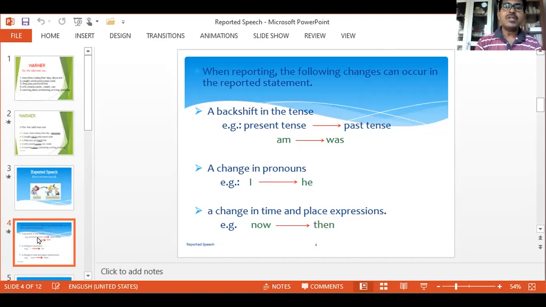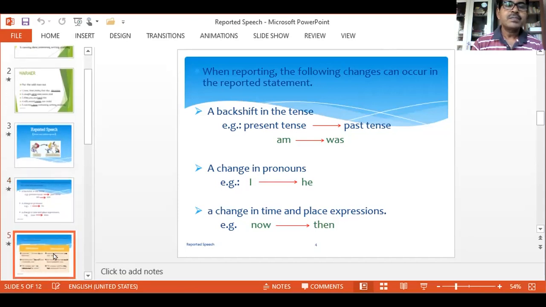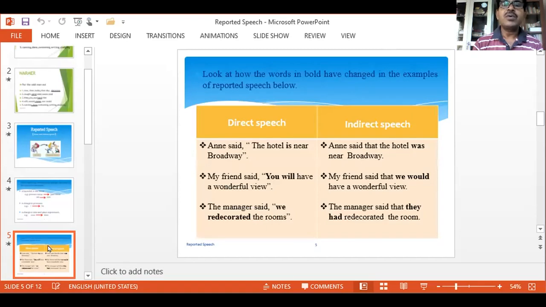Okay, let's go to the next slide. Dear students, I have given you 3 examples so that this will be clear to you. Look at the direct speech. Anne said, "The hotel is near Broadway." Look at the word in bold.